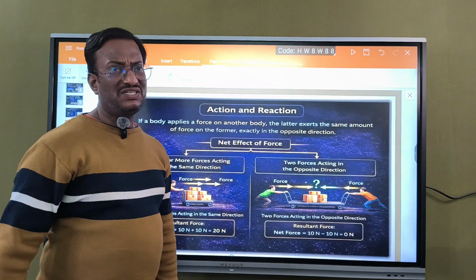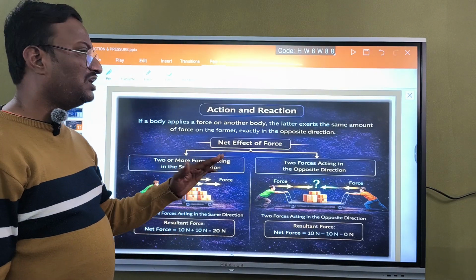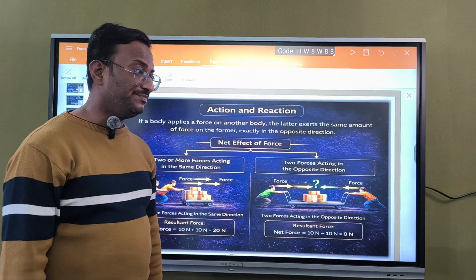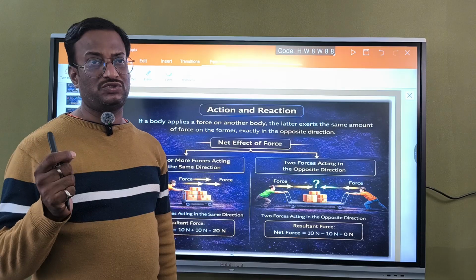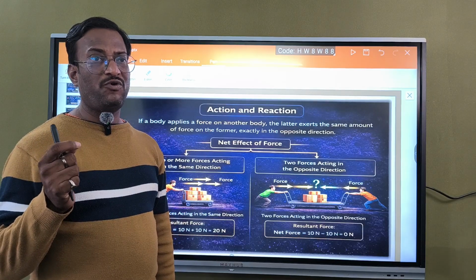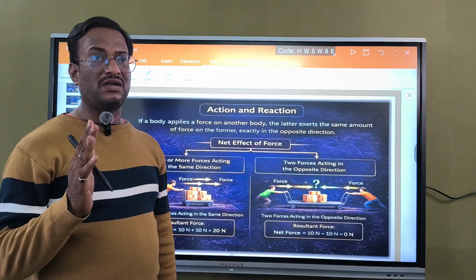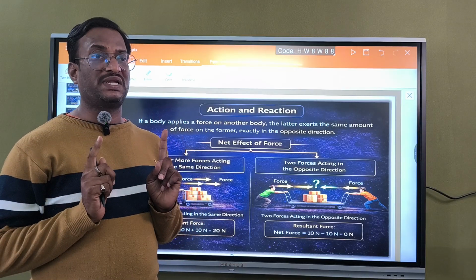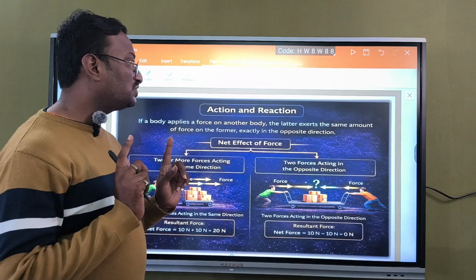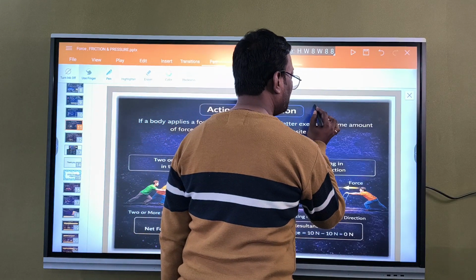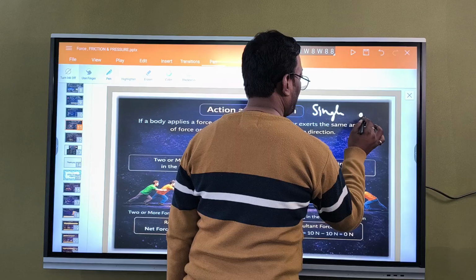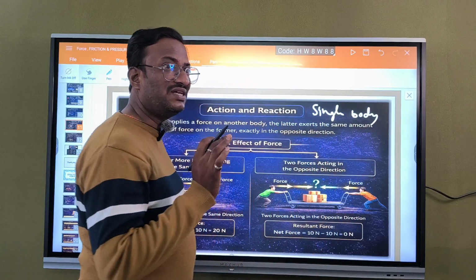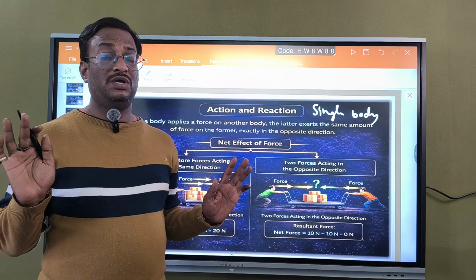Next one, action reaction force. What is action, what is reaction? One thing to remember, children: when there is an application of force, the force does not exist on a single body. Force will never exert alone.